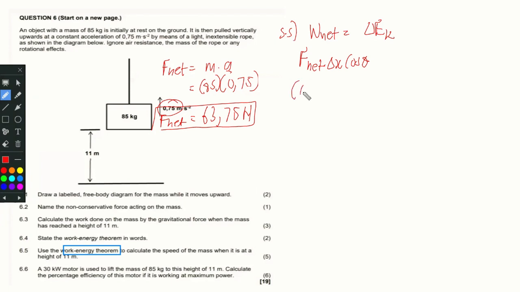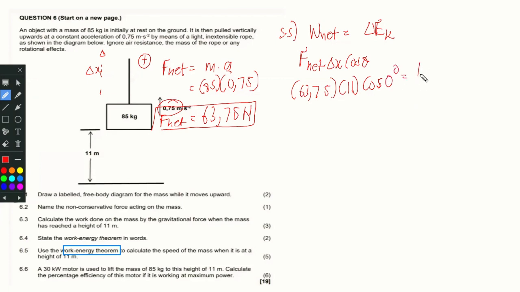So we have 63.75, and the displacement it covers is 11 meters. When it comes to theta, let's look at where the object is going. The object is going in the positive direction, parallel to the displacement, so theta is 0 degrees.